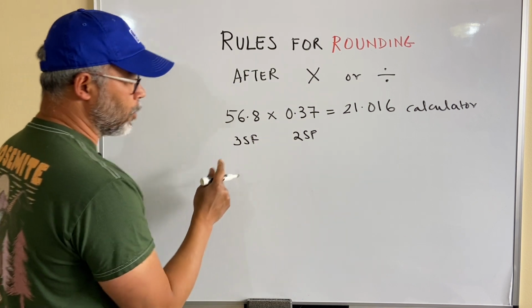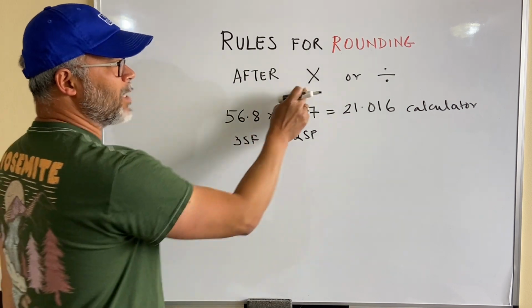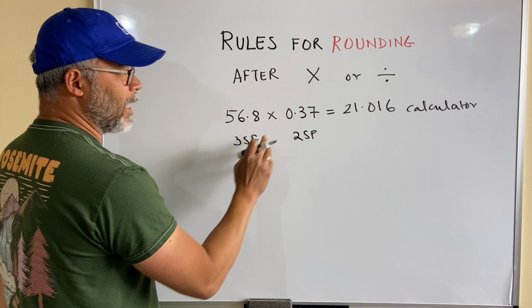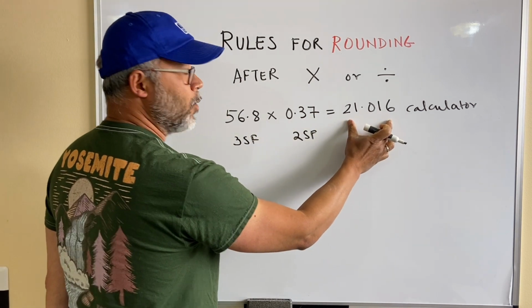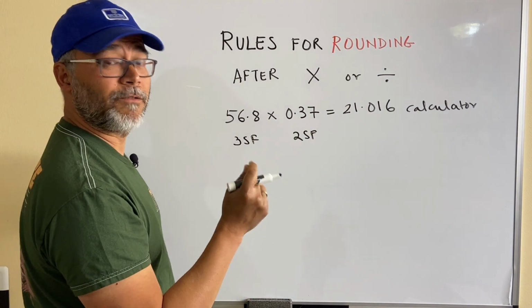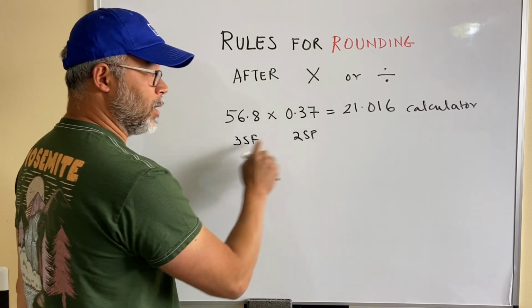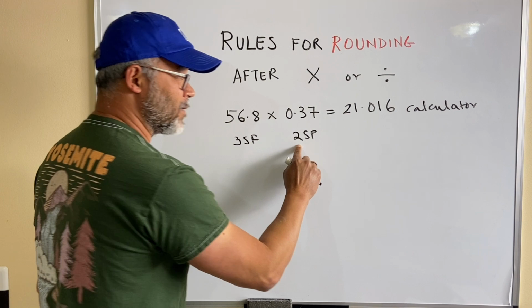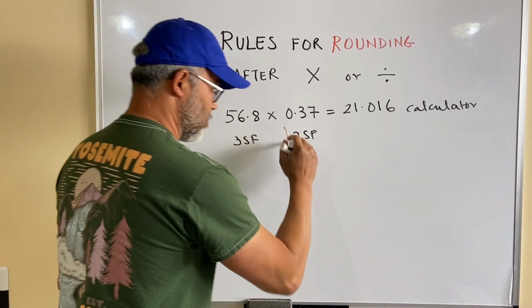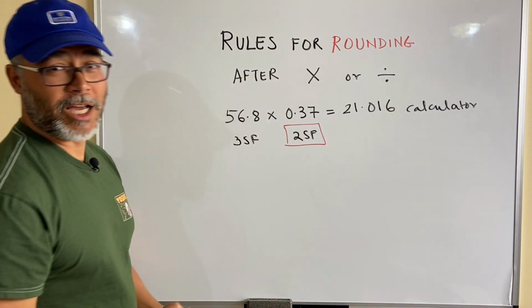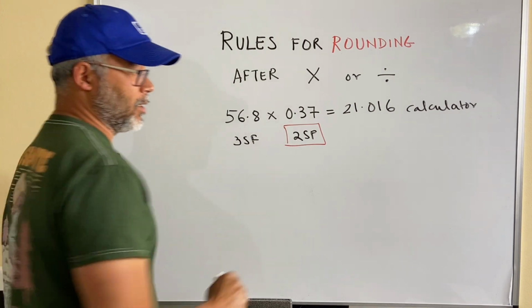The rule for multiplication or division is that you always express your answer with the same number of significant figures as the initial number with the least number of significant figures. So the least is what dictates how many significant figures go in your answer.